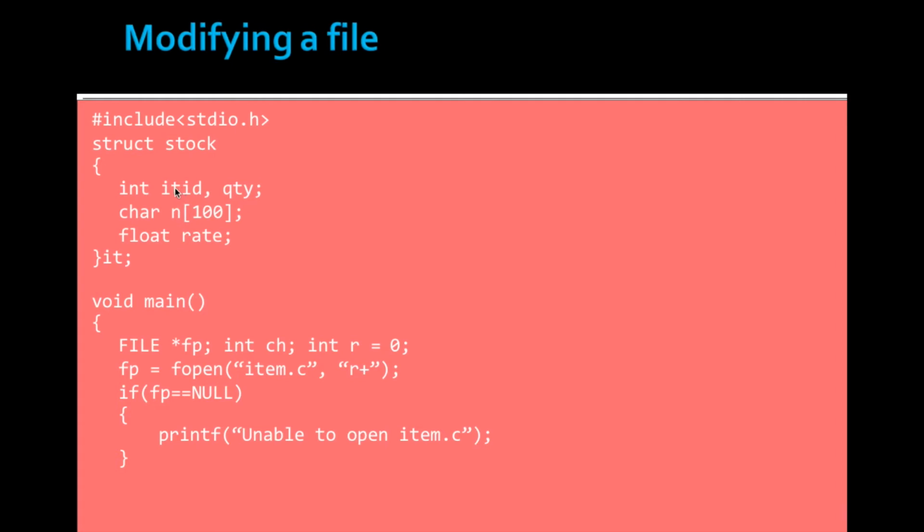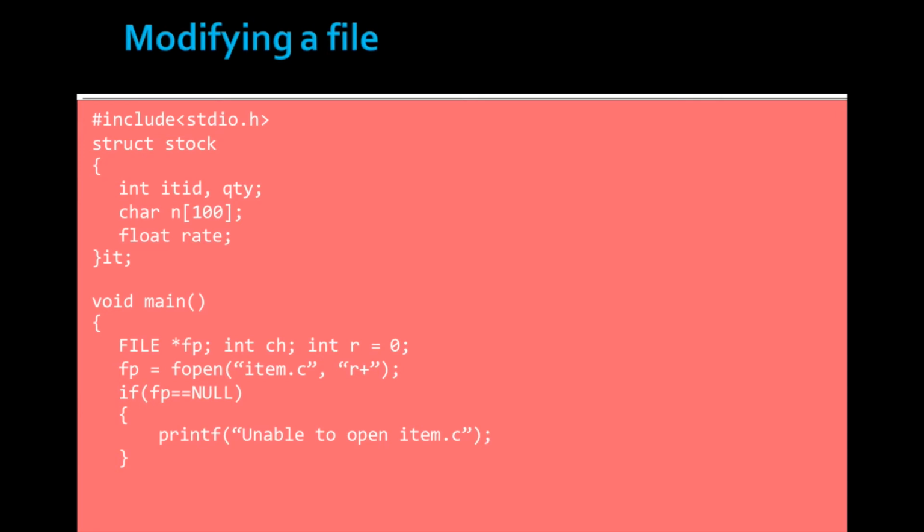Assume the integer is 4 bytes, so 4 and 4 is 8, the 100-byte name makes 108, and assume the size of float is 8 bytes, so 116. So a total of 116 bytes is required to store one stock record. If I have stored 10 records, 116 times 10 is 1160 bytes.